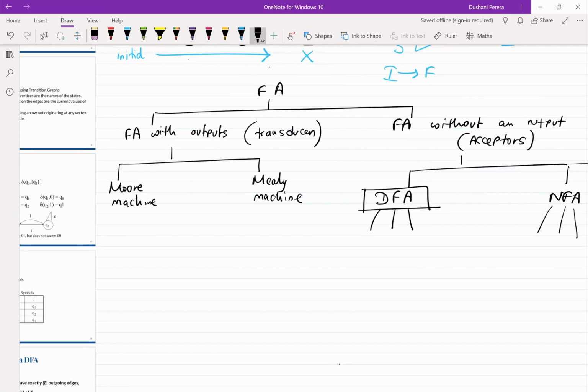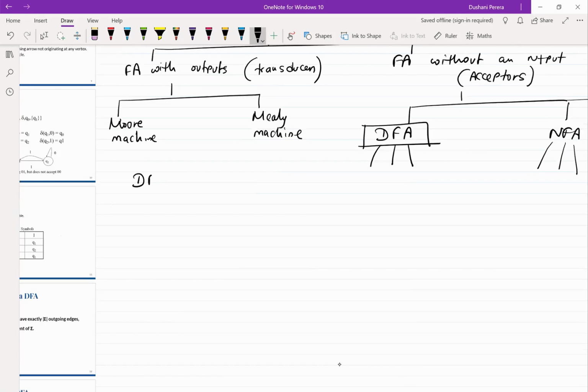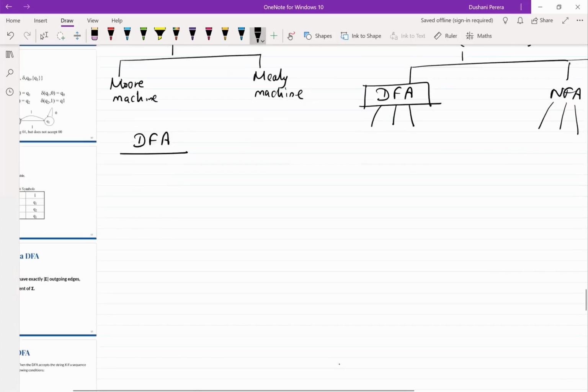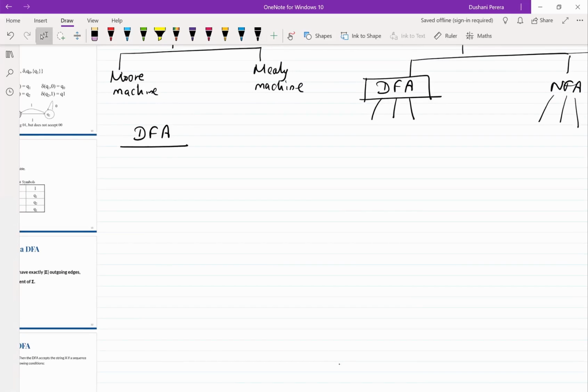Okay, deterministic finite automata. So this is a finite representation, just like we discussed before. However, this is going to be deterministic. Let's see what that means. Now when we talk about DFAs, there's a way that we represent or define a DFA. It's like the tag which we stick to it.